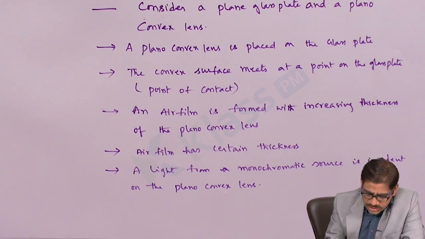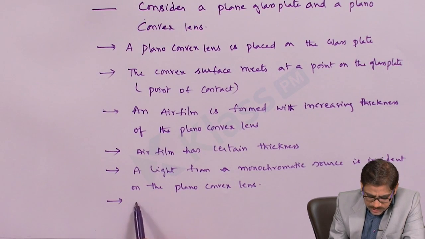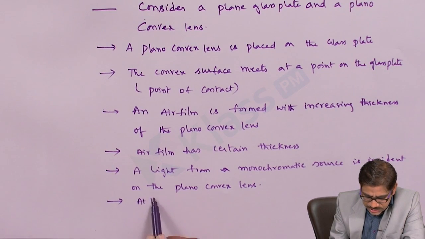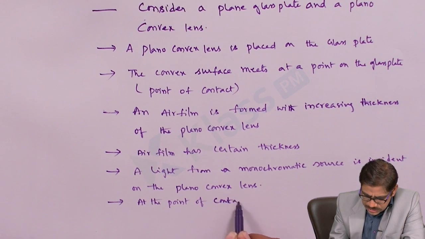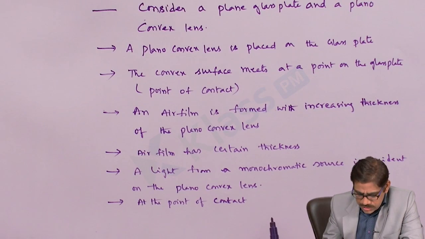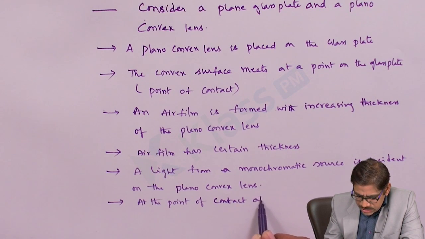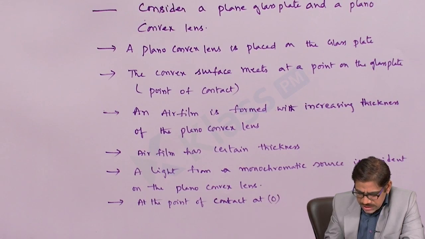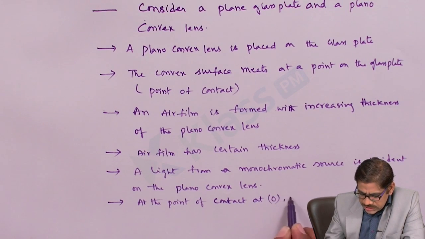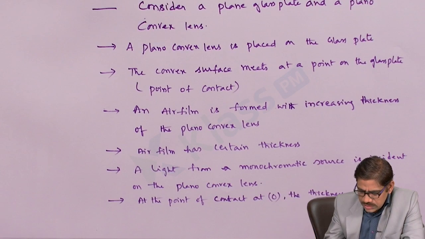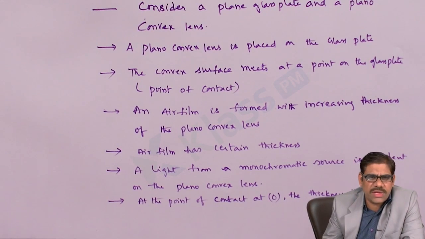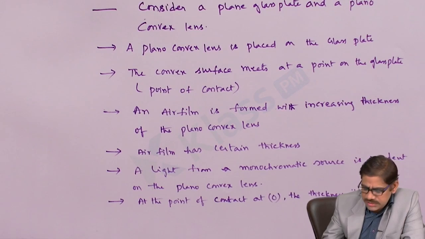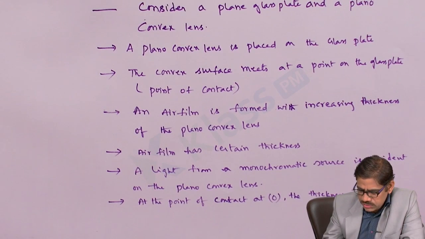At the point of contact, shown in the diagram at O, the thickness is very small, rather 0. We can say that at the point of contact, the thickness is 0.